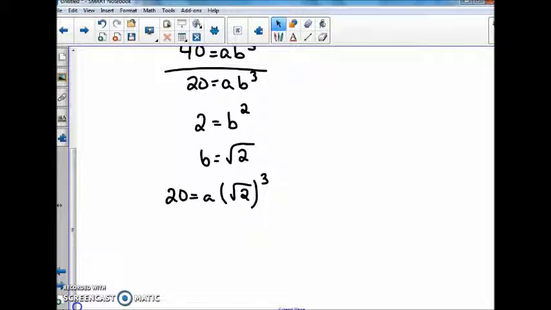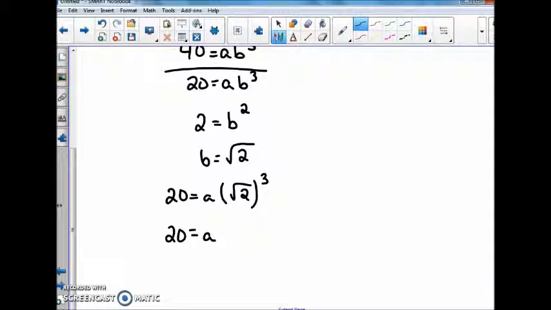I'm going to get 20 equals a times the square root of 2 to the power of 3, and it's going to be an estimate, which is fine. Let's go with 2.828, and then I divide. And a here is going to be roughly 7.07.